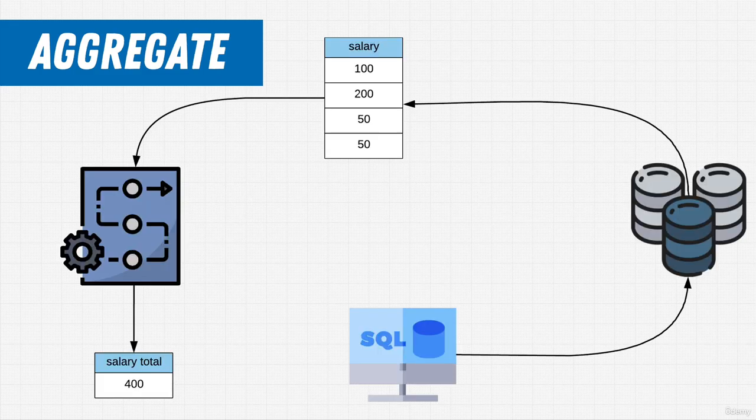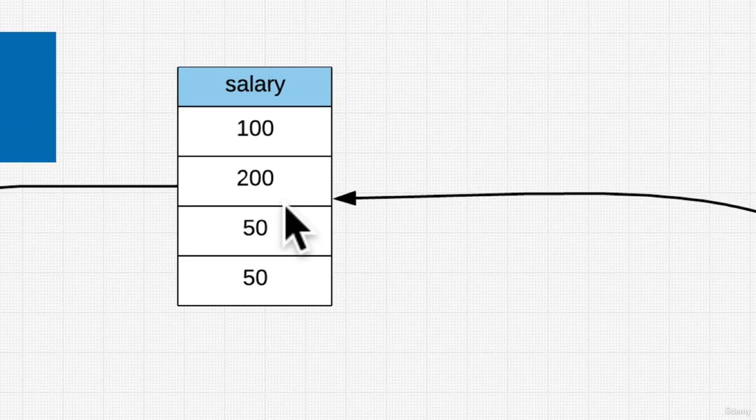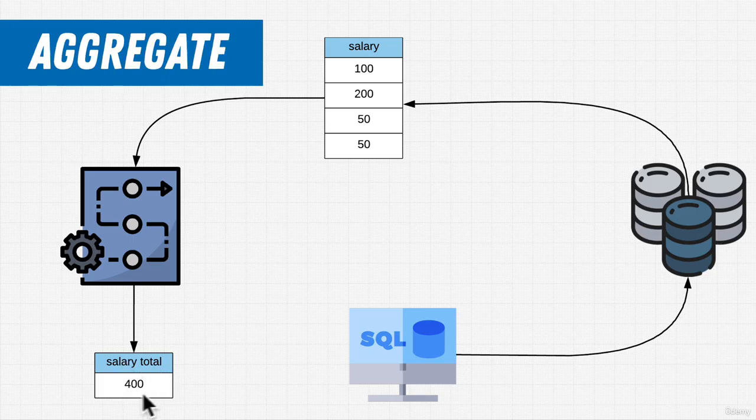So an example of this would be, you have all of these salaries and you want to select the total amount of salaries that you pay. So we have 100, 250, and 50. So 50 plus 50 is 100, plus 200 is 300, plus 100 is 400. So we would know that our salary total is 400. And so that's what an aggregate function is going to do. It's going to produce that one output.